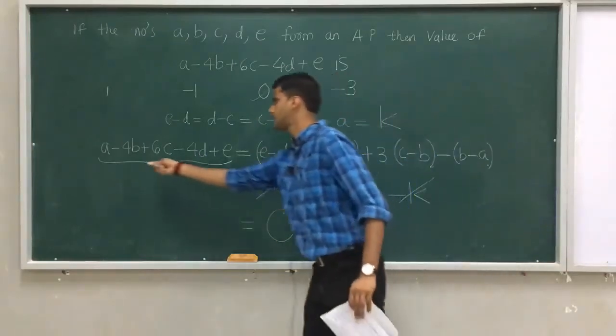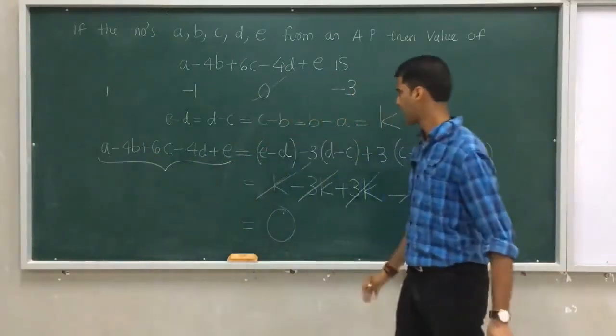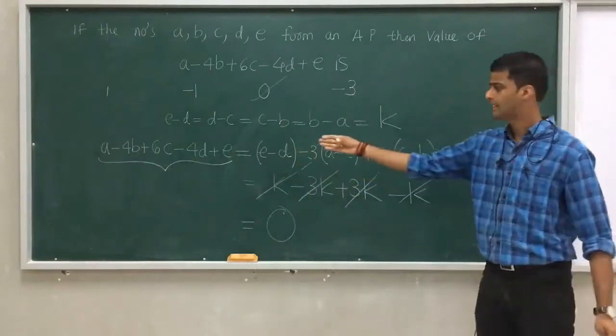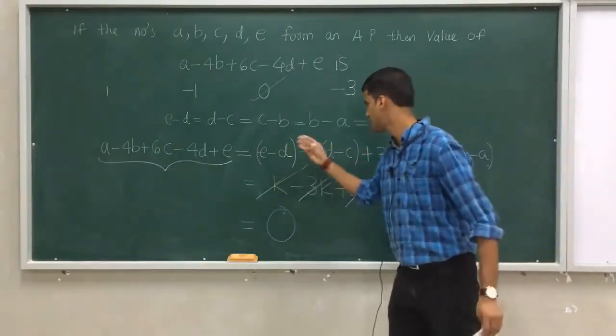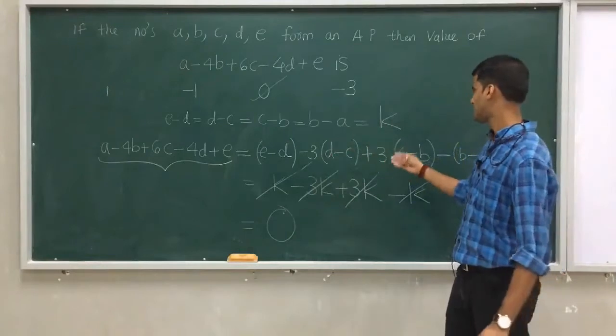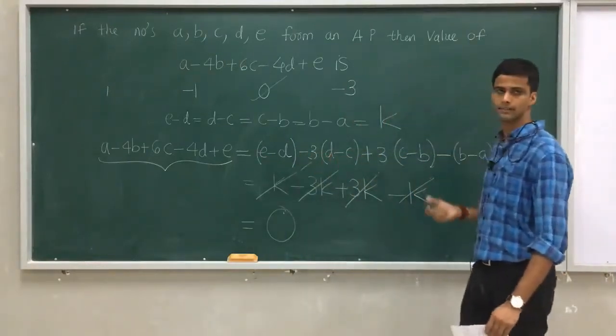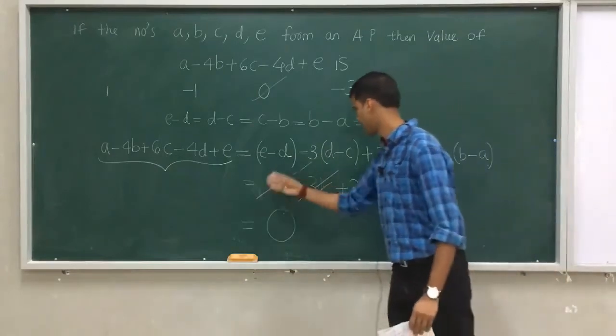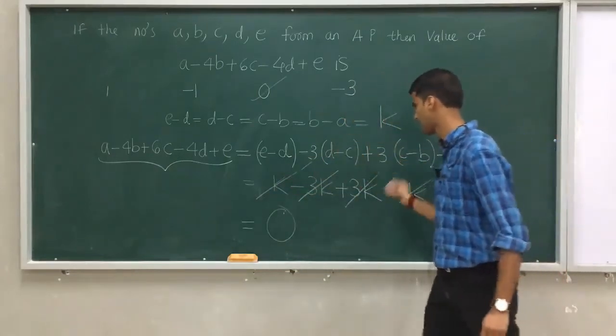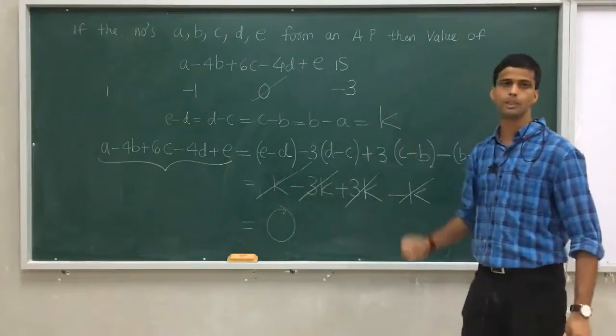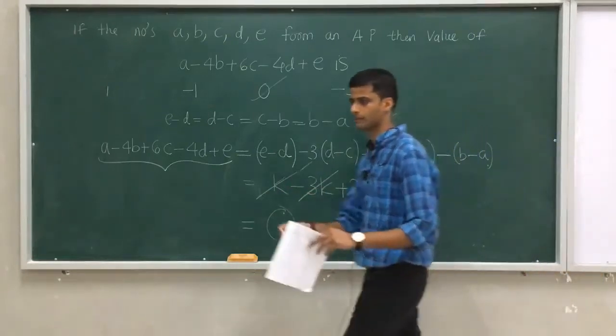Then I rearranged the expression as E minus D, 3 times D minus C, 3 times C minus B, because anyhow they are the same constant. So K minus 3K plus 3K minus K cancel, I got 0. So option B will be the right answer.